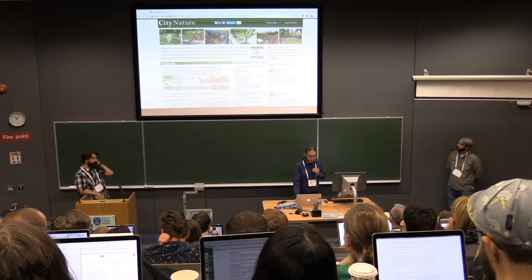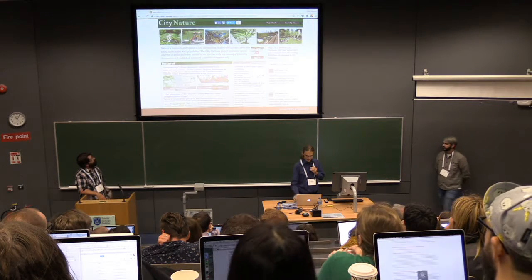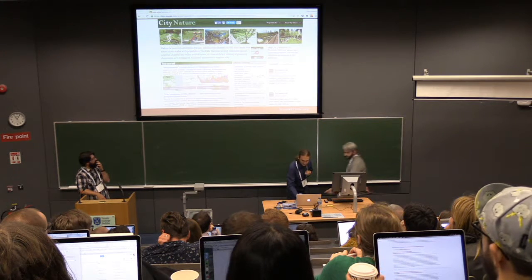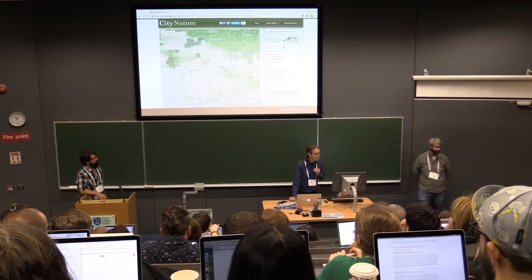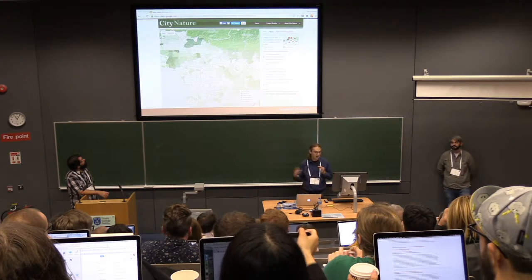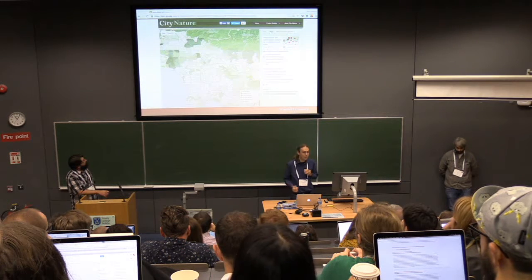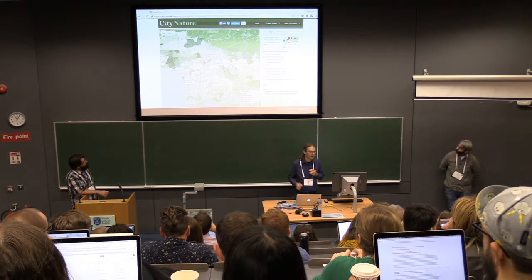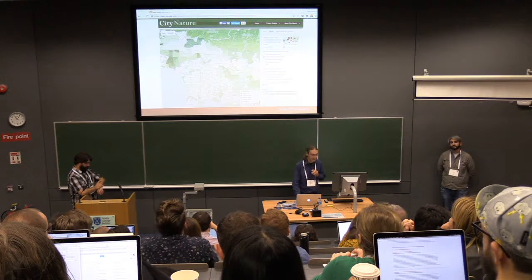And they put together a whole bunch of interesting visualizations of this data. For example, in LA, they were able to map where parks are and compare it to different sets of demographics. And it's a very interesting project. You can navigate around and see different cities and see different aspects of the data.